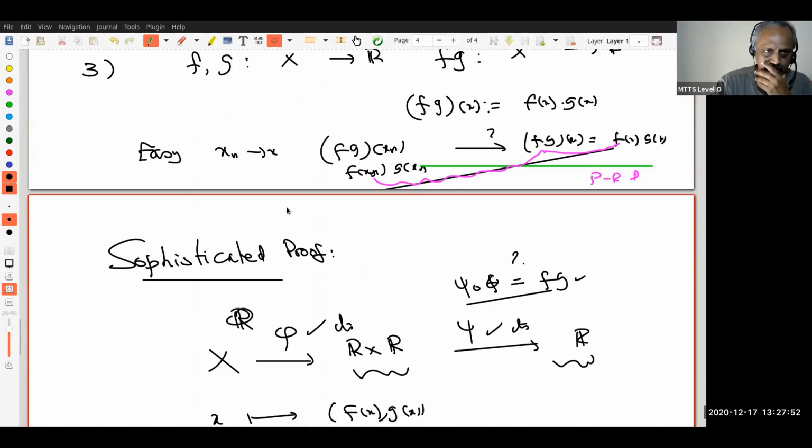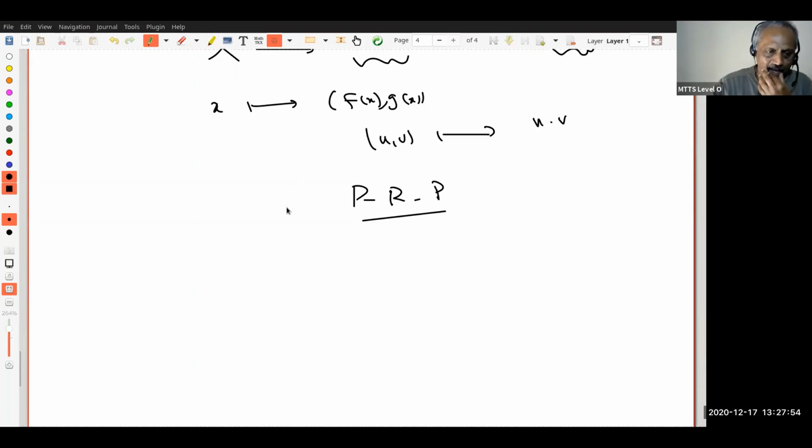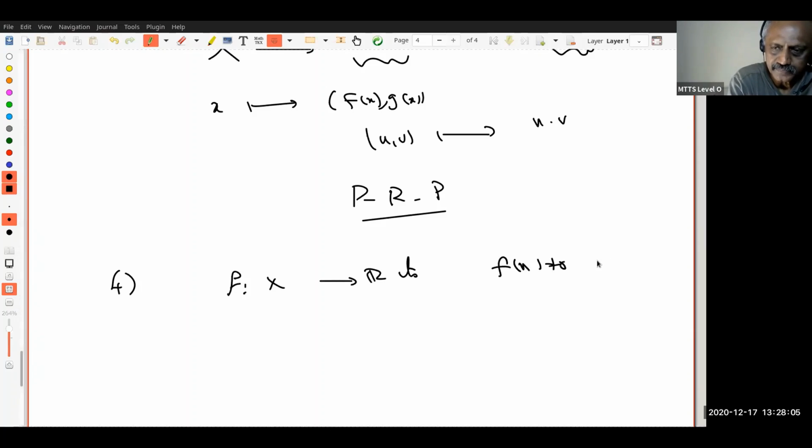What is the last one left out? That is the inversion. Suppose f is a function from X to R, continuous, and let's assume f x is not equal to 0 for x in X. Okay, if you want it to domain A also, you can take it, it doesn't matter.